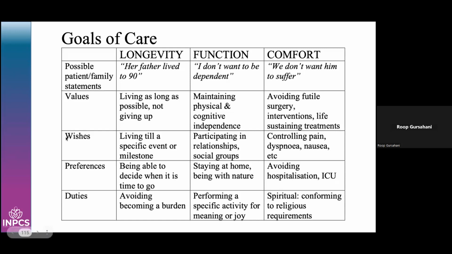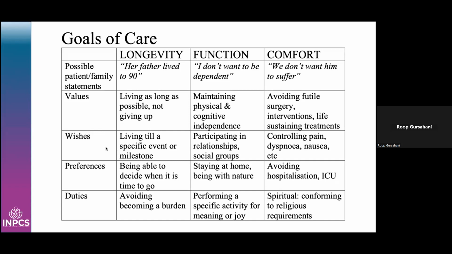These play out into their values. So the values could be, if you say longevity, living as long as possible, not giving up. If it means function, it means maintaining independence. And if you're looking at comfort, then avoiding futile interventions. So you also have to see how these fit into their wishes at that particular stage in their life.